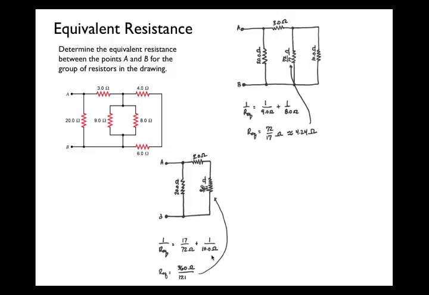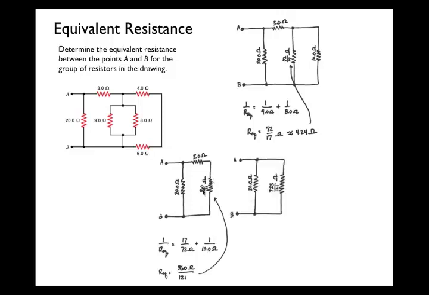And let's see, I think the common denominator is 360 between the two of those. If you do the math, you come out with 360/121 of an ohm, or just under 3 ohms of resistance.